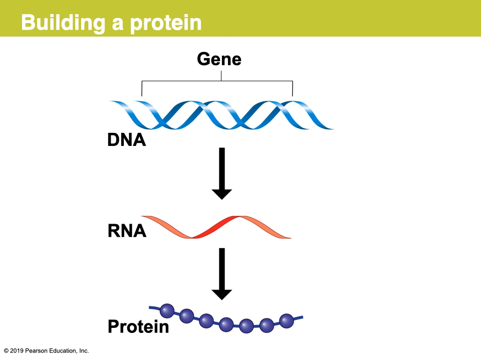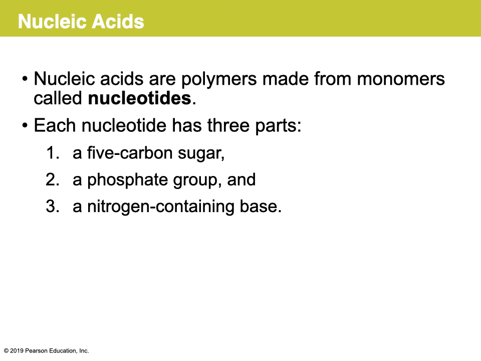Well, you have a go-between called RNA. So DNA has the information. One type of RNA we'll talk about, its job is to take a copy of that information, and that information is then used to assemble proteins. Now, nucleic acids are polymers made from monomers called nucleotides. So you had monosaccharides and polysaccharides.